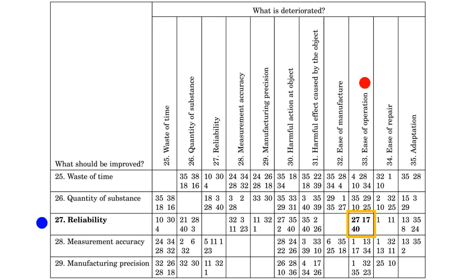We look at the inventive principle table and say that we want to improve the reliability of the process. However, if we improve the reliability, the ease of operation will become worse. So TRIZ says to try these 3 principles. Let's see what those principles are.